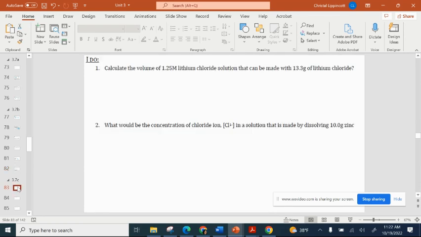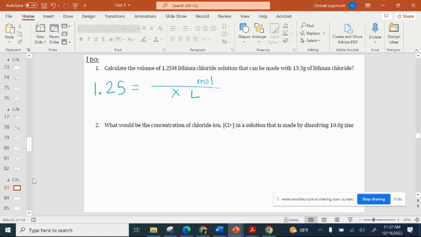All right. Here, we have to calculate the volume of lithium chloride solution that can be made with 13.3 grams of lithium chloride. So we want to make a 1.25 molar solution. So 1.25 equals moles, and then we're solving for liters.